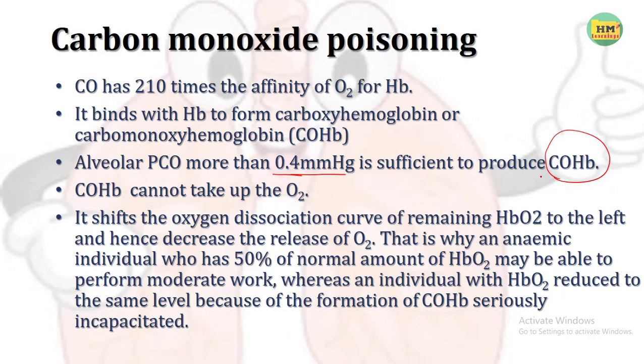The carbon monoxide binds with hemoglobin to form the carboxyhemoglobin. Now the carboxyhemoglobin cannot take up the oxygen, and this is the reason why carbon monoxide poisoning leads to anemic hypoxia. In anemia, what happens? The person is lacking hemoglobin.